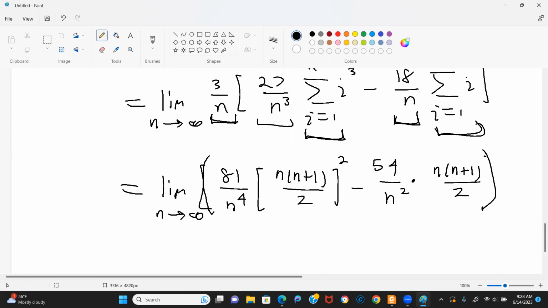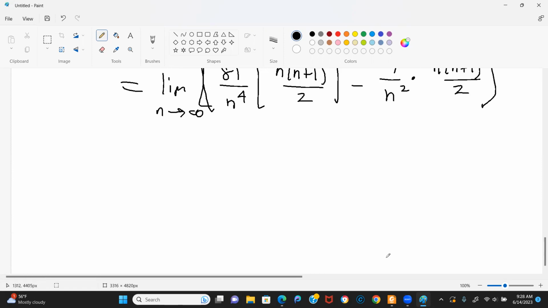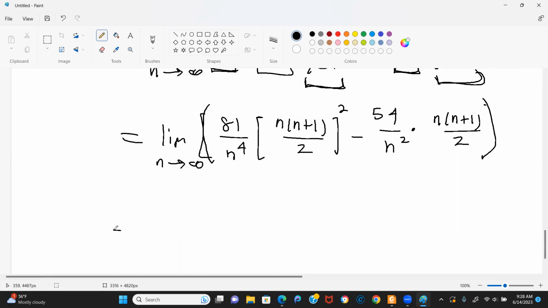All right, so now, oof, this is really crazy, isn't it? It's a little bad, but not that bad. So now I have this 81. I'm just going to leave this, and I square the numerator and the denominator. I have this 2 in the denominator, so I'm going to square that.